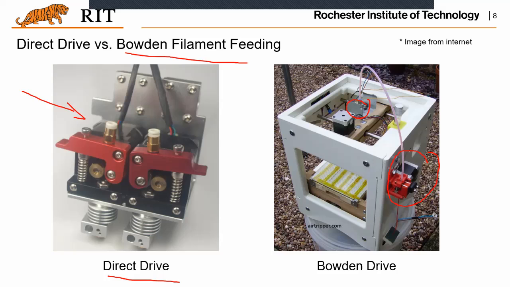So first of all, a direct drive system actually provides more reliable filament feeding for a variety of materials, even for the flexible ones. So it has less chance to fail if you use a direct drive when you use flexible materials. But for the Bowden one, there are quite a few problems when using it to print flexible material.